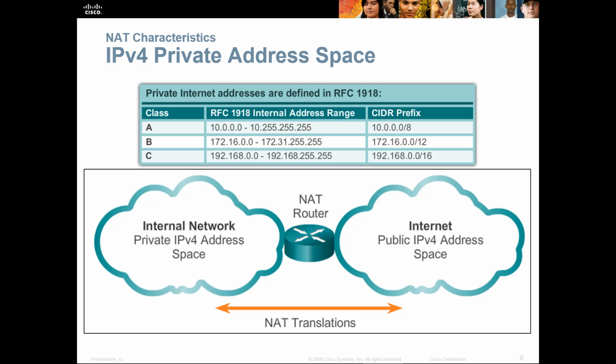Now remember, our private addresses as defined by RFC 1918 is anything between 10.0.0.0 through 10.255.255.255, or if we have a class B, 172.16 through any 172.31 network, or class C, 192.168 through 192.168.255.255. So those are our private addresses.